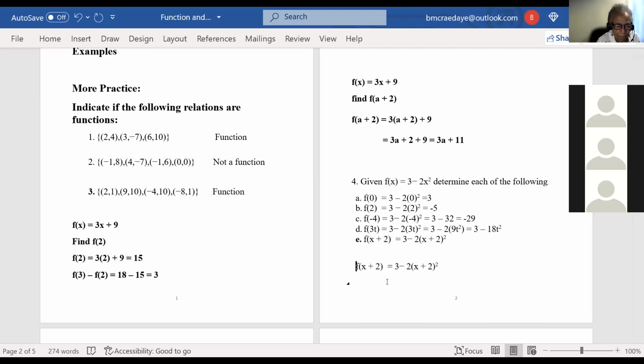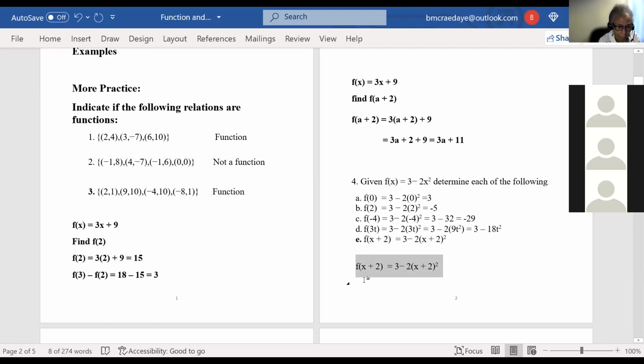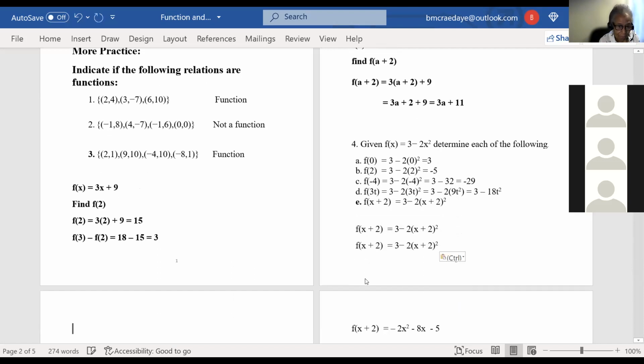What's that equal to? It can't be 2. You multiply x times x plus 2, therefore you're going to have x squared.